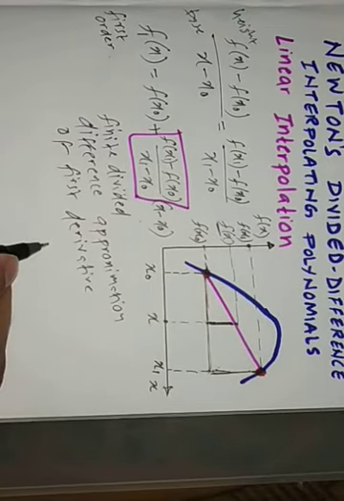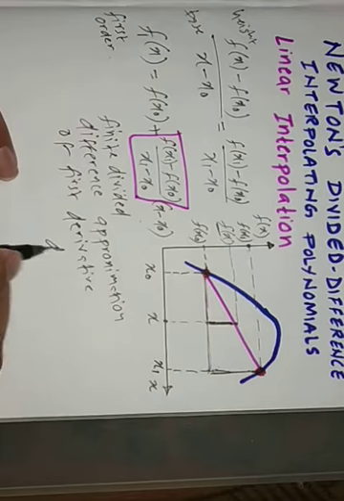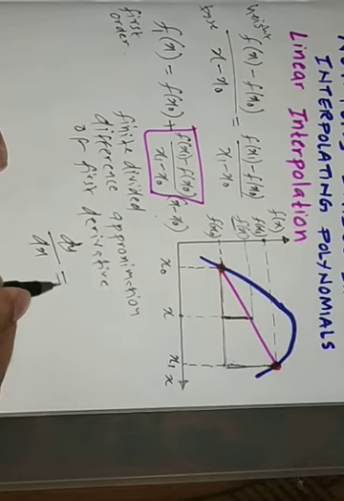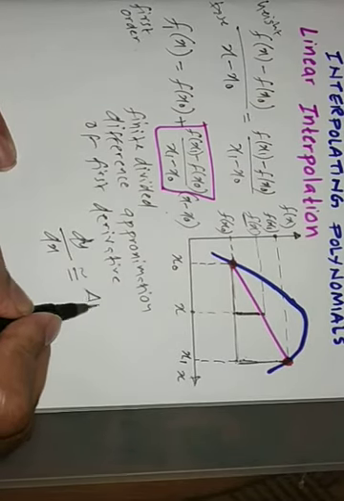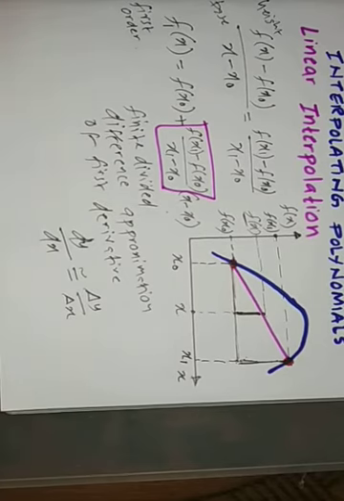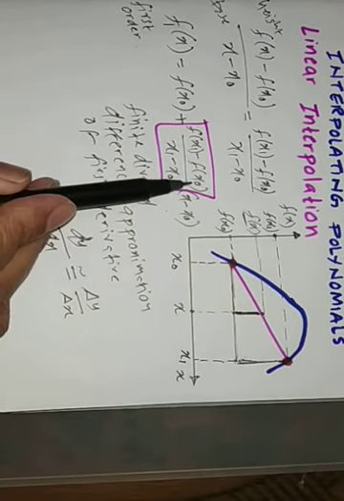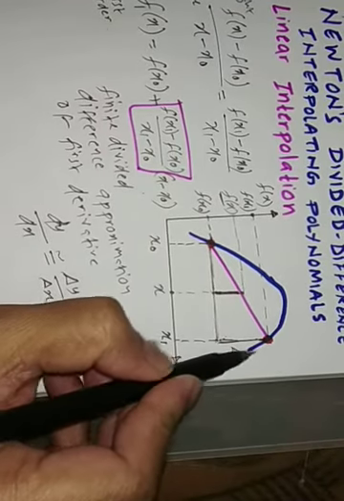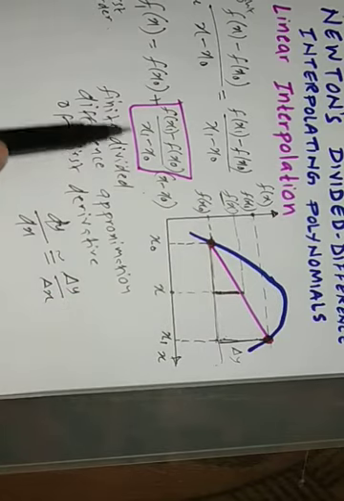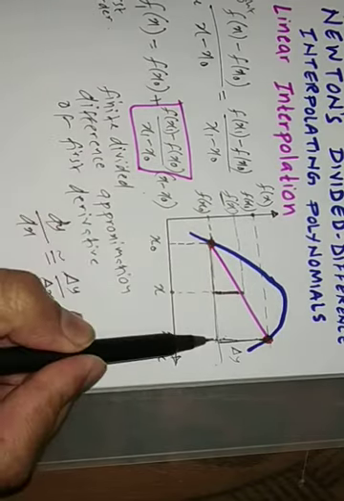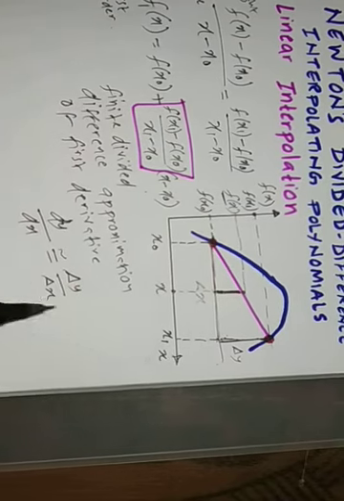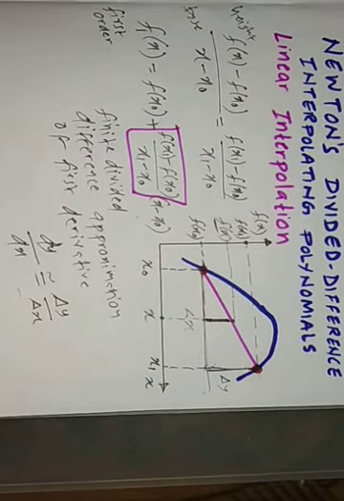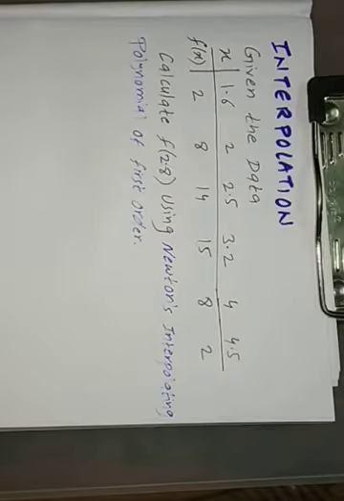The slope or derivative is dy by dx, so it is approximately equal to delta y upon delta x. Here f of x1 minus f of x0 is delta y, and x1 minus x0 is delta x. So this is called finite divided difference approximation of first derivative.